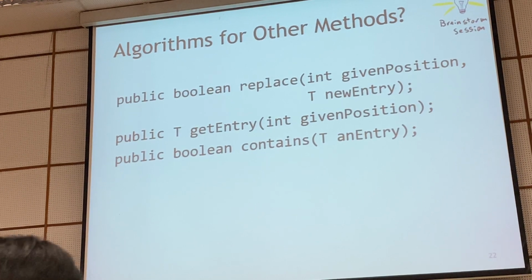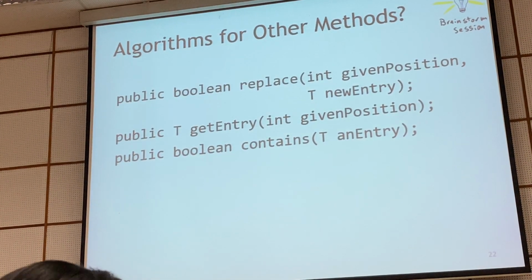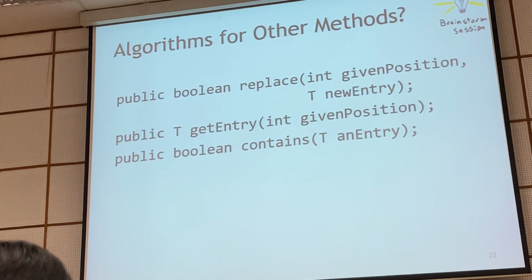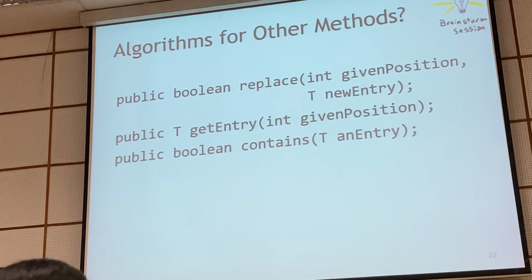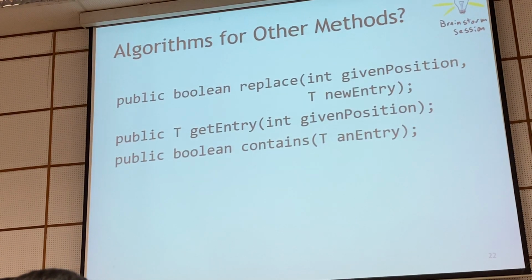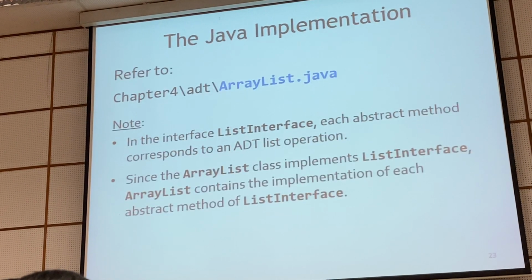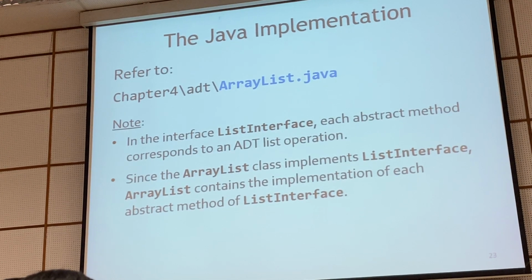What if whatever item you want to replace doesn't exist? That's another case you need to take a look at. Contains is a search. What if we cannot find the item? Should you return true or false? You have to think about that as well. Now let's take a look at the implementations.